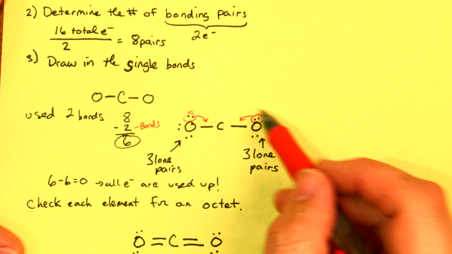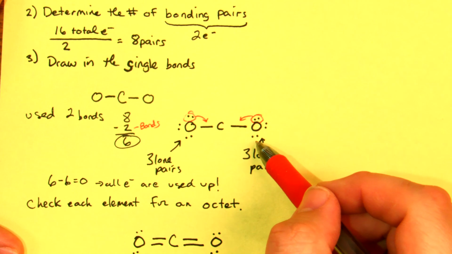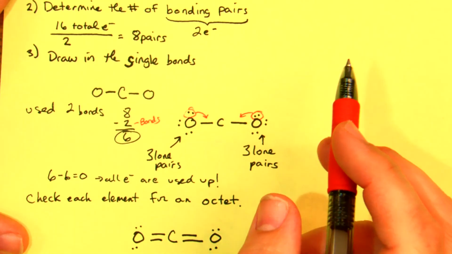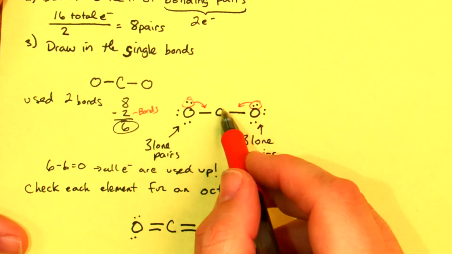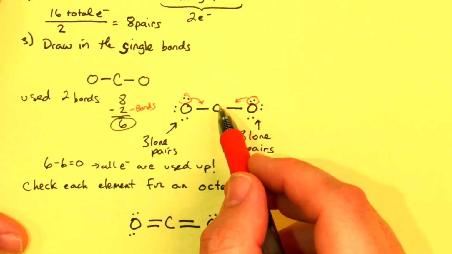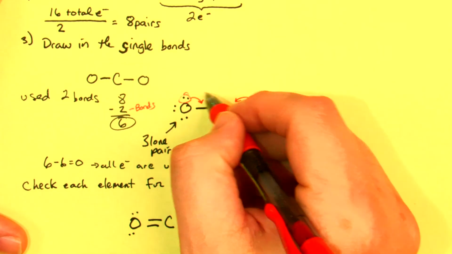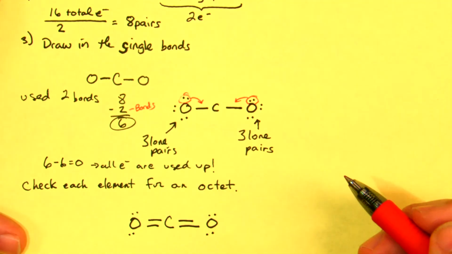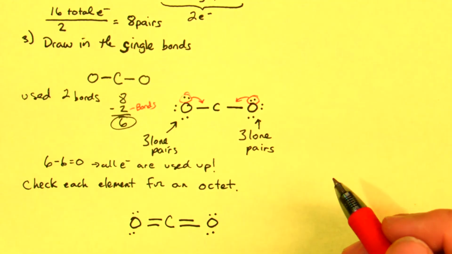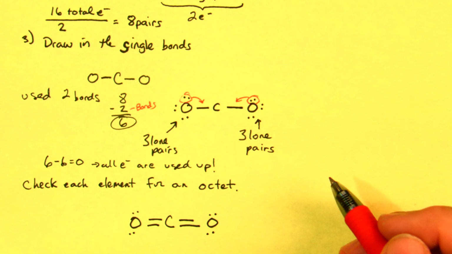But then you check to see, all right, does that element in the center have an octet? And if it doesn't have an octet, we can move the lone pairs over to become bonds. And so that's how we determine if there's going to be a double bond or maybe even a triple bond. Does that make sense? Yes. All right.